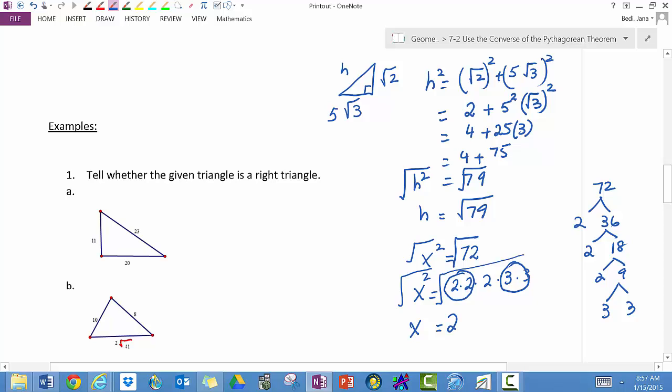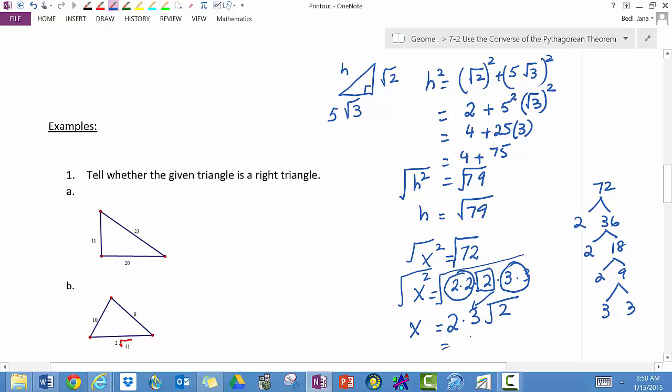The reason for that is the square root of 2 squared is 2. Now this 2 here in the middle has no companion, so it doesn't get out of the radical, but the 3 does. Out of the pair of 3's you get 1 three, and then under the radical stays 2.